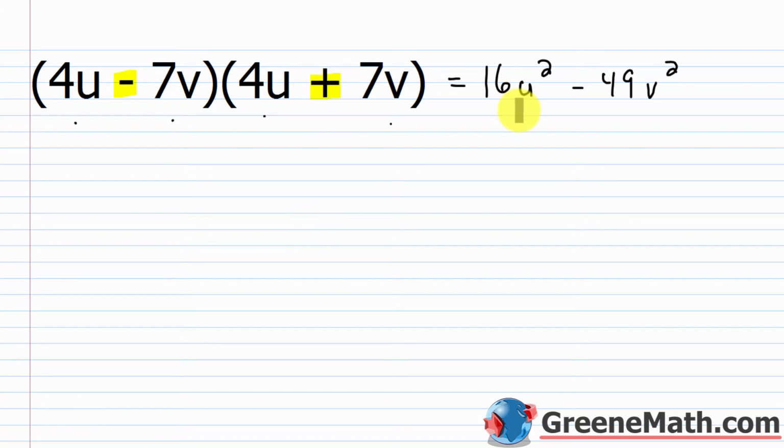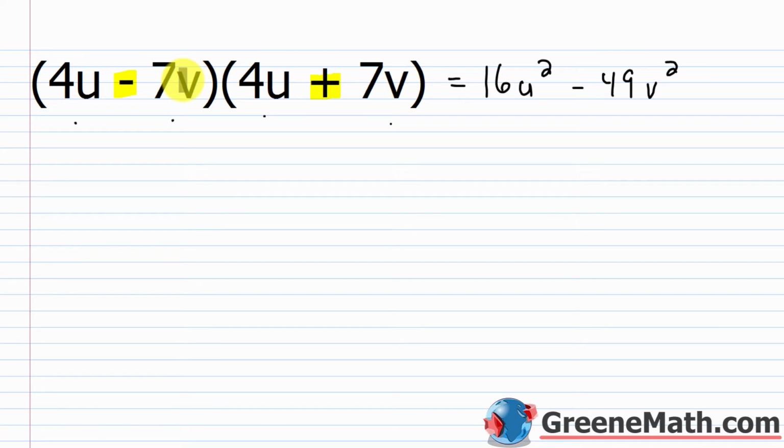So that leads to this. The first guy, which is 4u, squared, minus the second guy, which is 7v, squared. So you just memorize that pattern. You can put it on a flashcard or something where you can flip through, memorize it. And as you do your homework, as you do your tests, as you get into your standardized exams, this is going to be very beneficial for you.